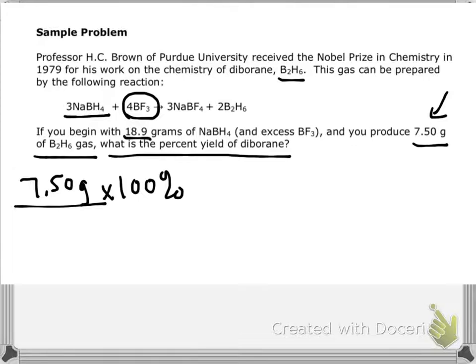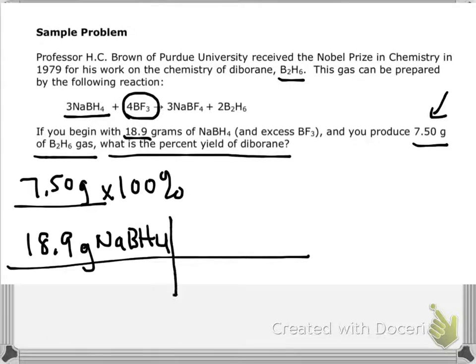I know that I'm starting with 18.9 grams of my reactant, NaBH4. I want to see how much of this gas, diborane gas, I could make in an ideal world, in an ideal situation. So, before I can use my balanced equation, I have to convert grams to moles.